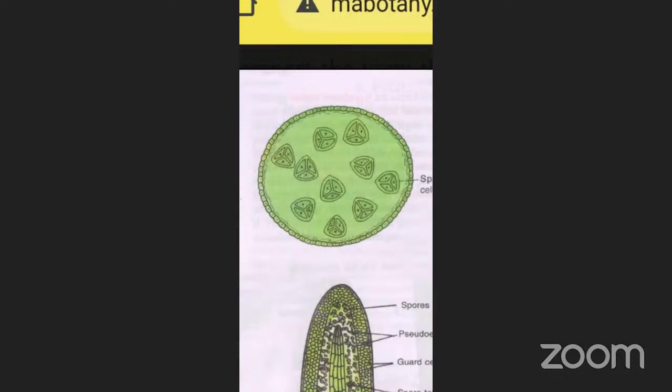The amphithecium develops only as the cover layer. The endothecium develops as the sporogenous tissue. The spore mother cells undergo meiosis and spore tetrads form. Here the sterile cells are very few and the fertile cells are many.